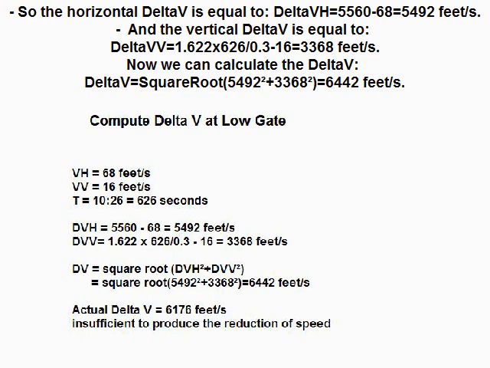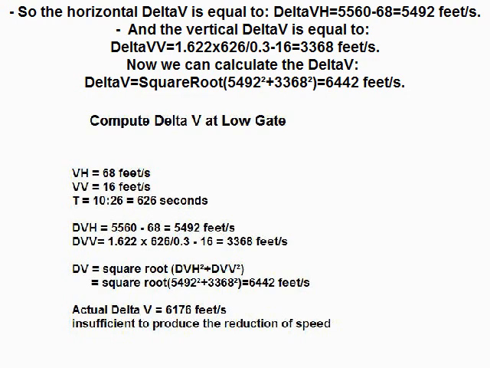So the horizontal delta V is equal to delta VH equals 5560 minus 68 equals 5492 feet per second. And the vertical delta V is equal to delta VV equals 1.622 by 626 divided by 0.3 minus 16 equals 3368 feet per second.